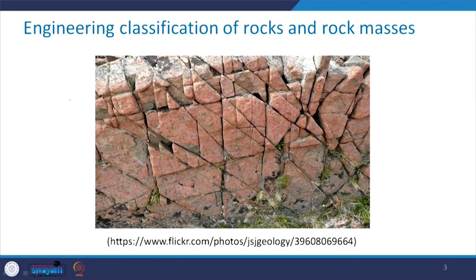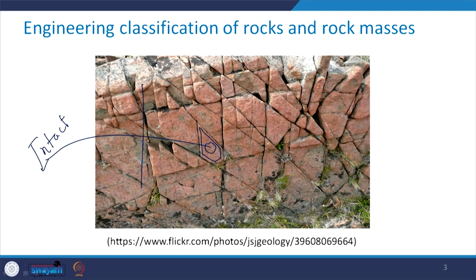Now, what is rock mass? The in situ rock together with the discontinuities, the weathering profile, and the intact rock as a whole, we call that rock mass. Take a look at this picture and this will give you the idea. If I take only this much portion and take a specimen out of it, this is what I call intact, because in this portion there are no discontinuities.